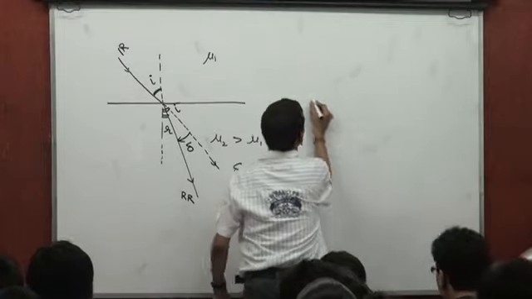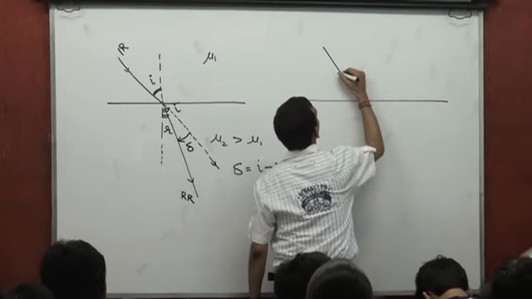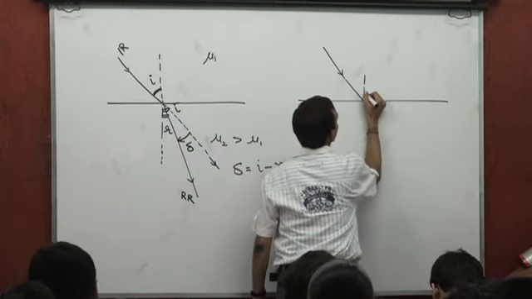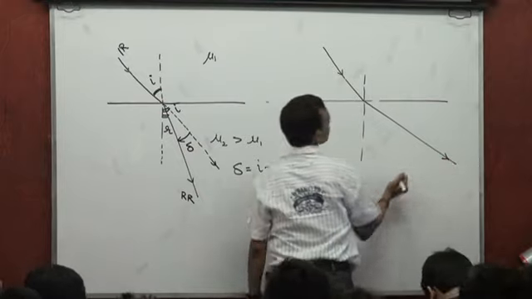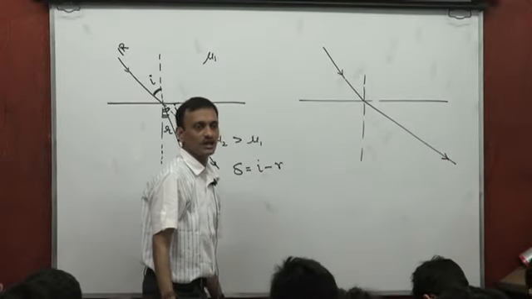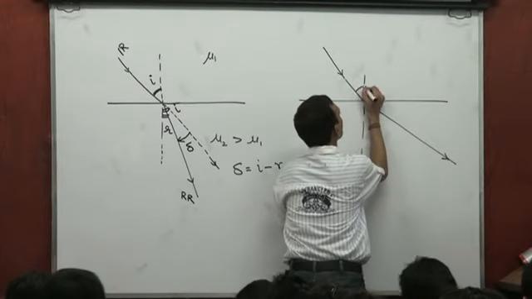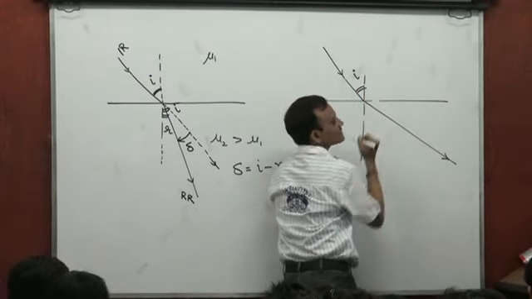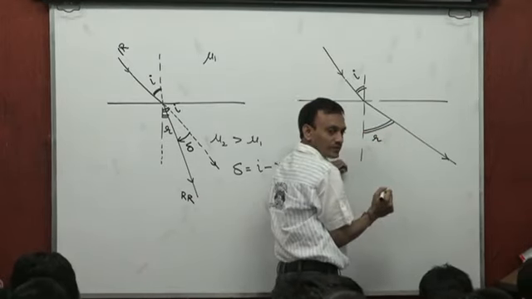If a ray of light traveled from an optically denser to an optically rarer medium, it bends away from the normal. This angle is I, the angle of incidence. This angle is R, the angle of refraction.